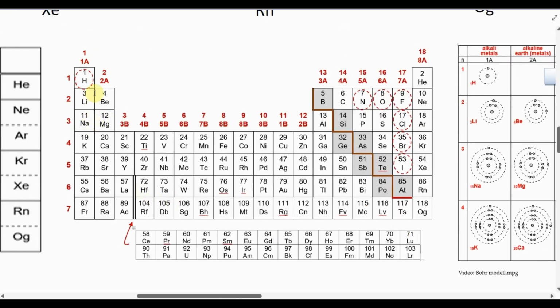If you can memorize the sequence of filling, and I think you can by looking at a periodic table, which you will have, you would simply say 1s, 2s, 2p, 3s, 3p, 4s, 3d, 4p, 5s, 4d, 5p, 6s, 4f, 5d, 6p, 7s, 5f, 6d, 7p.